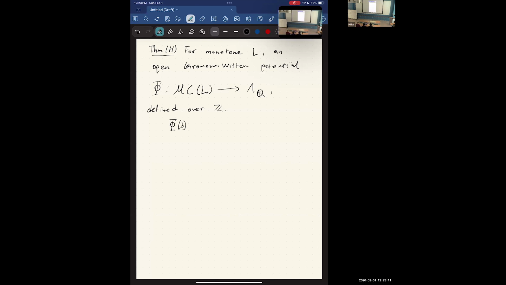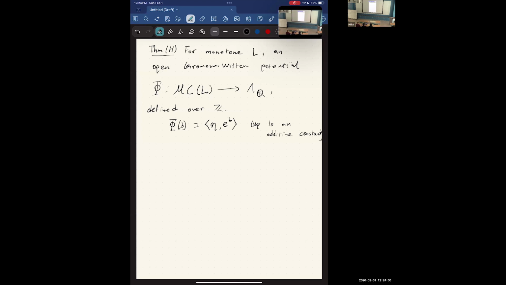Because of some technicalities which have to do with working with filtered A-infinity algebras instead of A-infinity algebras over just a discrete ring, if we want to say this carefully, we should say that this value phi of b has an expression which is given by pairing this negative cyclic cohomology class with some other class called e to the power b, but only up to an additive constant, which we put on just to correct for invariance under changes of almost complex structure.